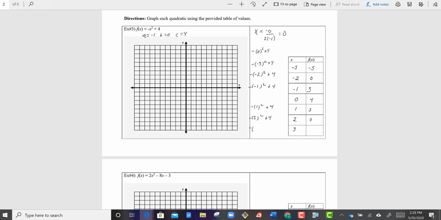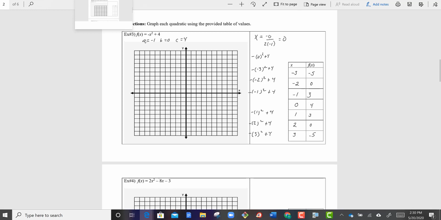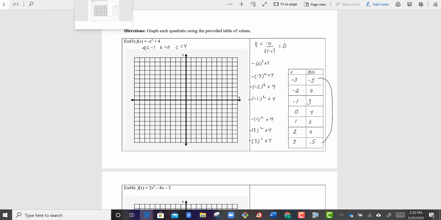And some of you may see a shortcut. That shortcut is there's symmetry across the vertex. So you'll notice the y-coordinates on the outside are the same. The y-coordinates kind of on that next level are the same, and the y-coordinates right next to the vertex are all the same. So we're simply just going to graph these points, and we're done.